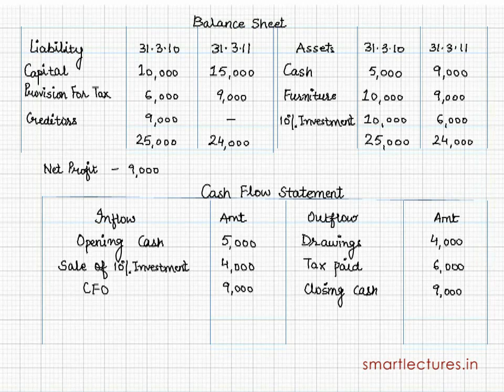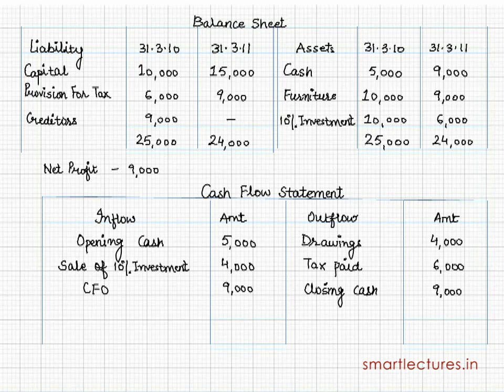Cash from operation 9,000. Cash from operation means net result of operating activities in the business. Means cash generated from operating activities. And then you have got 1,000 interest on investment. So if you get any interest on long-term investment, that will be your inflow.